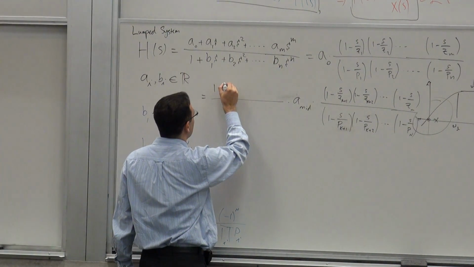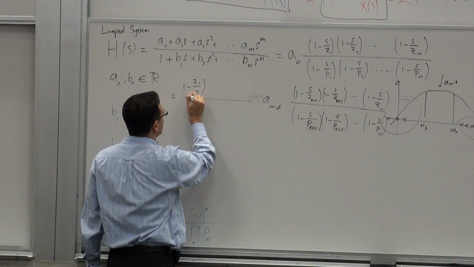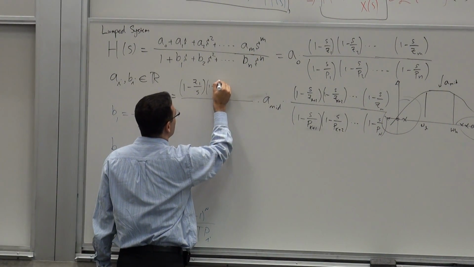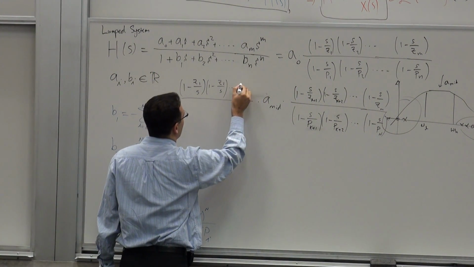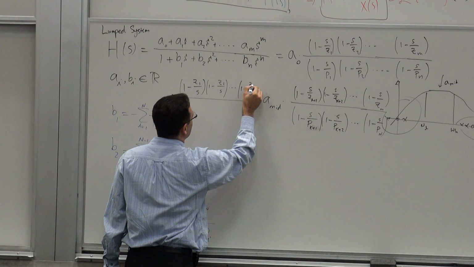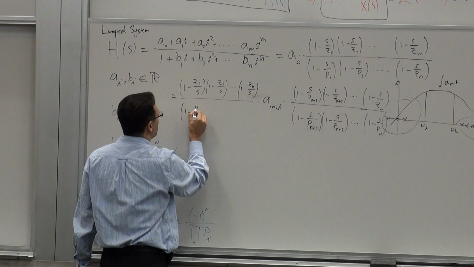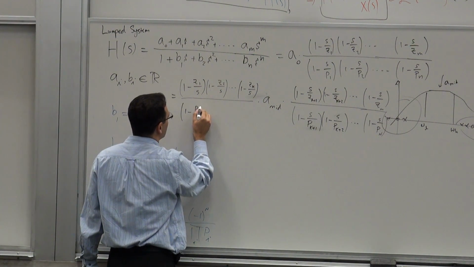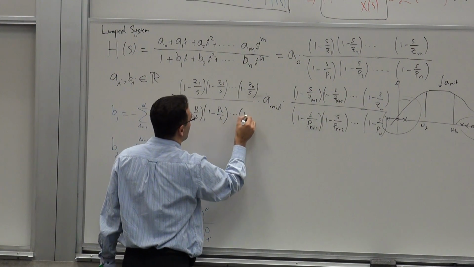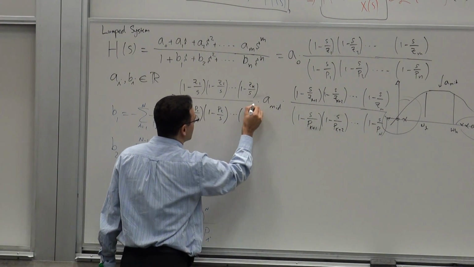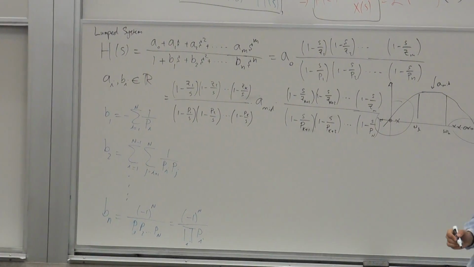You would just define them as 1 minus Z1 over S, 1 minus Z2 over S, and all the way to 1 minus Zk over S. And 1 minus P1 over S, 1 minus P2 over S, all the way to 1 minus Pk over S. Right? You can write it this way.